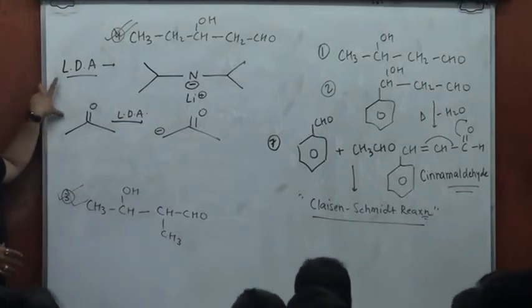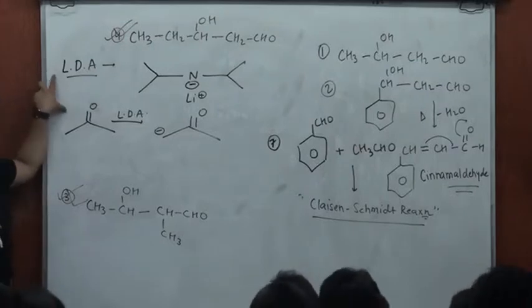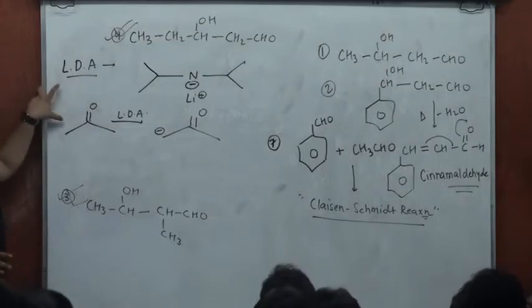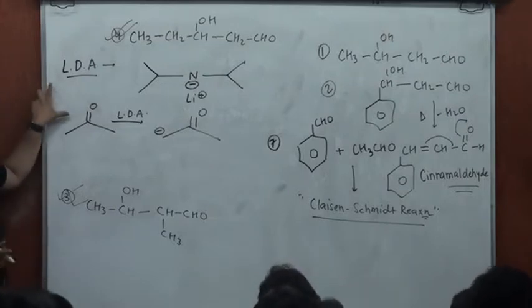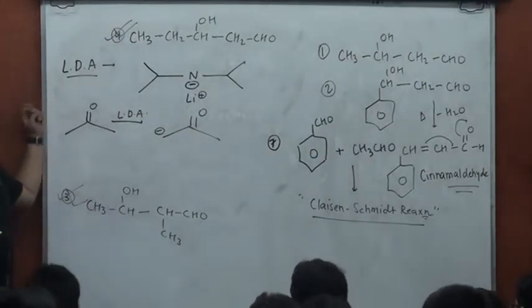If I treat a carbonyl with LDA, all alpha hydrogen will be gone, and then that carbonyl can act only as the nucleophile. It can no longer act as the acceptor.